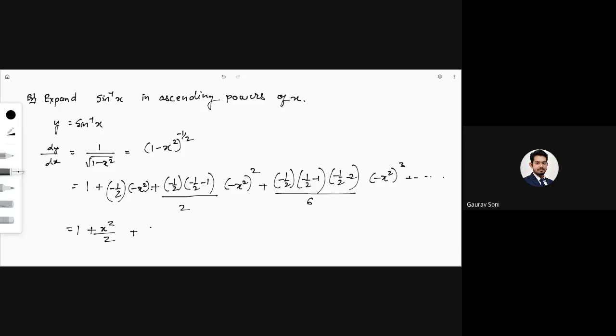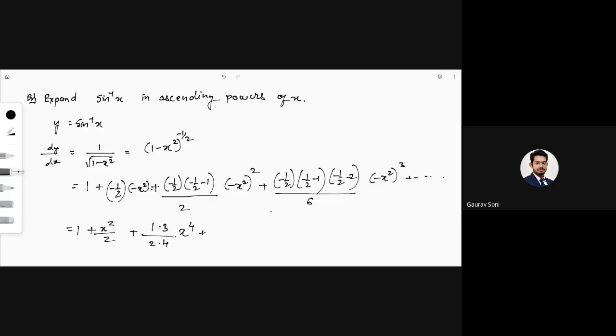So this is 1 into 3 divided by 2 into 4, x raised to 4, plus, again this is minus minus minus. 3 minus signs are there, and minus x square cube will again give minus sign, so the minus sign gets removed.